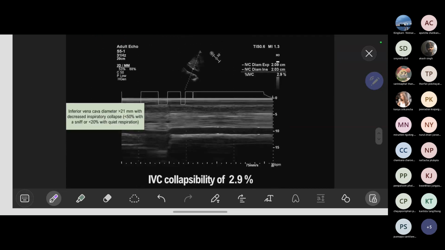Next, you estimate IVC collapsibility and it is 39%, and the IVC is 2.9. This is abnormal. So the IVC and RA category is abnormal.